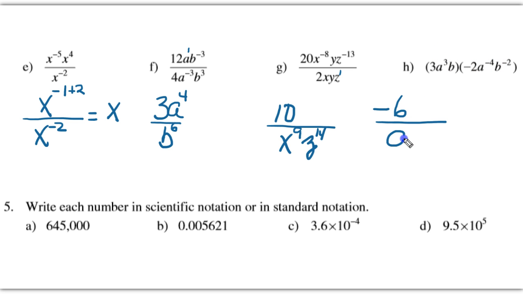So we'll move that down to the denominator as a positive a. And then b to the 1st here. And a negative 2 leaves in the numerator b to the negative 1 that I'll bring down here as a positive 1. And there's our answer.